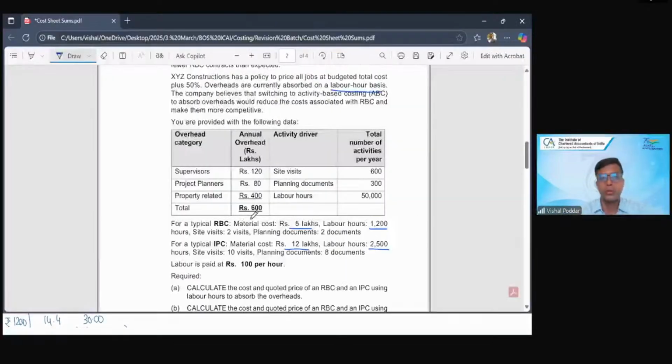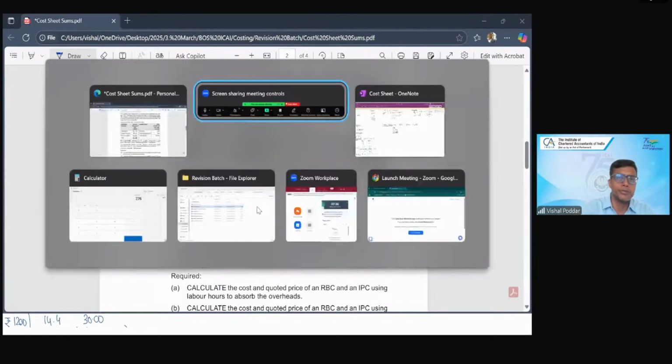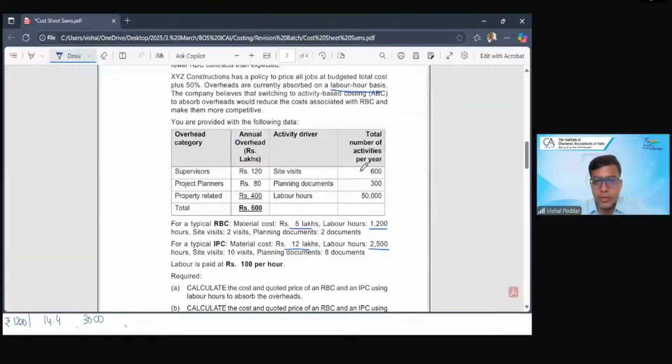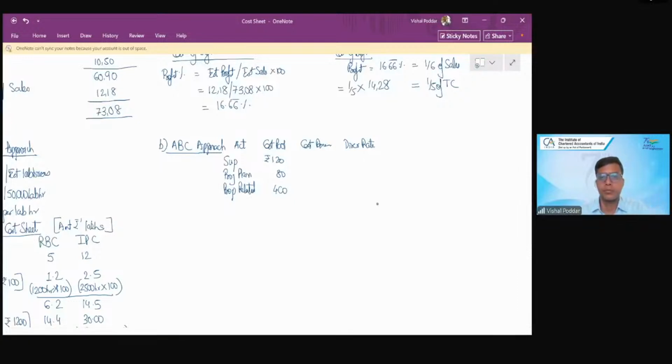So cost pool is 120, 80, 400. Cost drivers are 600 site visits, 300 documents, 50,000 hours. When you divide this, you get your driver rates.